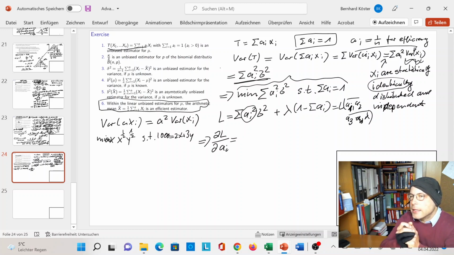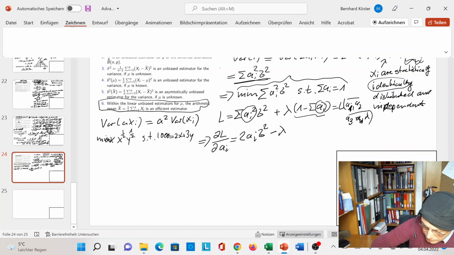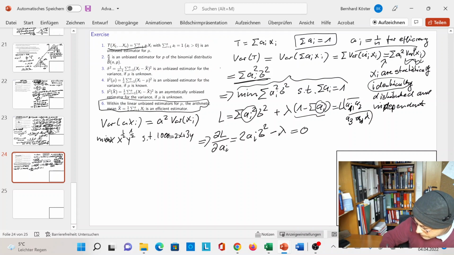These are then in the derivative just constants. So all these cancel out. So therefore we obtain 2 a_i times sigma squared. And here we have also only the a_i, so we obtain minus lambda, because the derivative is just 1 times lambda. In the optimum, this has to be 0.